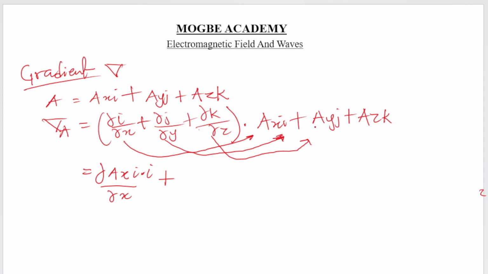We are using this to multiply with what we have here, and that will give you partial AY i dot j divided by partial x. What's the next one? The next one is AZk, and if you do that, you have partial AZ i dot k divided by partial x.